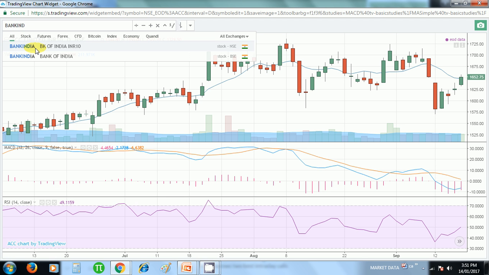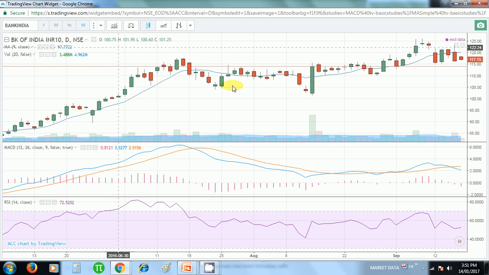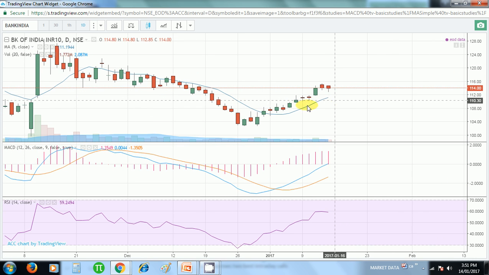So this is the 1-day chart. It is around 117, and today's date is, I think, 14th of January 2017.